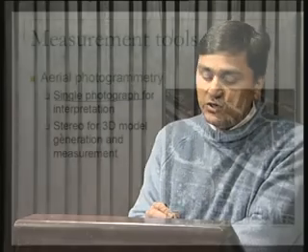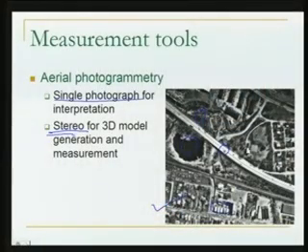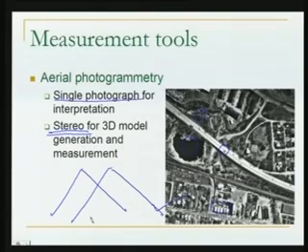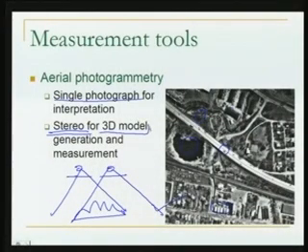Not only that, if our photographs are stereo, as we were talking in the earlier case, two overlapping photographs. From two positions of the aircraft, we have the area which is common in two photographs. So that kind of photograph, this photograph and this photograph put together, we say stereo pair. So if we have the stereo pair or the stereo photograph, it is possible to generate a three-dimensional model of the ground.